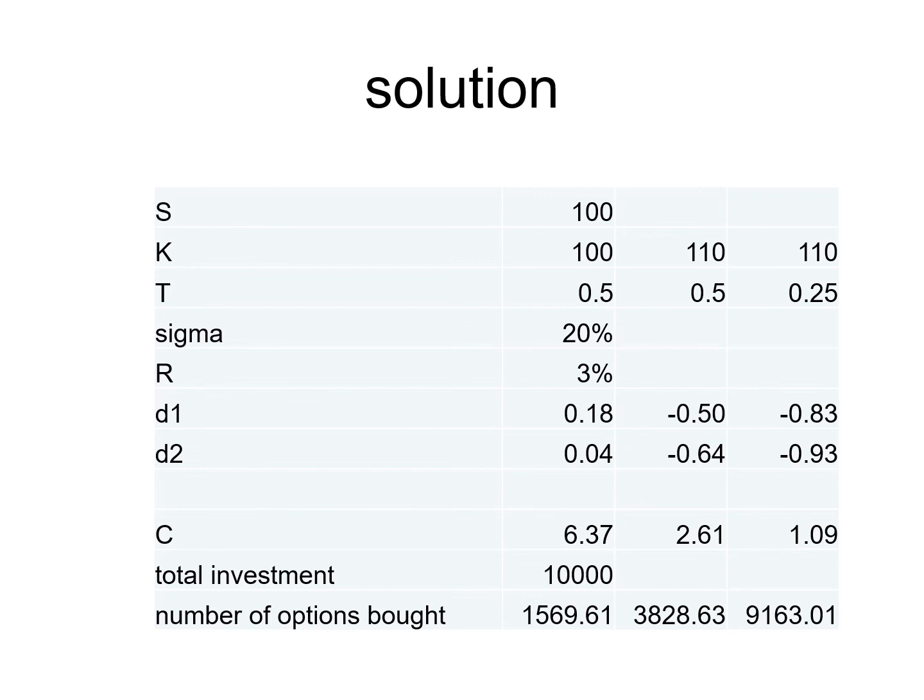Volatility sigma 20%, risk-free interest rate 3%, and from these parameters we can calculate D1, D2, and the call option price in 3 different kinds of scenarios. The total investment is 10,000. So we can calculate the number of options bought in each case.